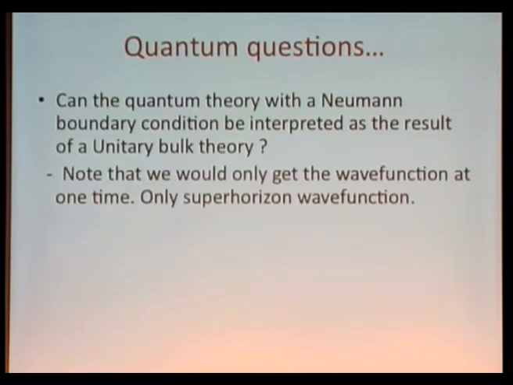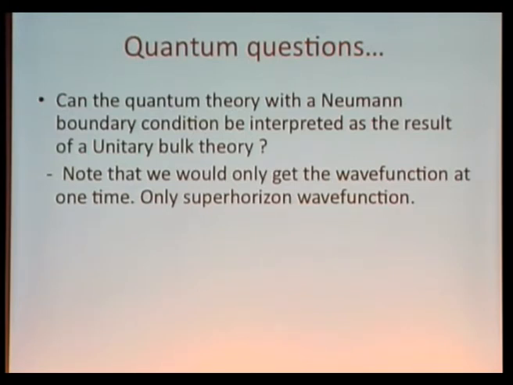One question we can ask is whether this could also work in the full quantum theory, whether the full quantum theory with this Neumann boundary condition can be interpreted as the result of a unitary bulk theory. Normally we would say that a theory with ghosts will not be unitary, but here we are evaluating the wave function just at one time, only at time equal to 0.